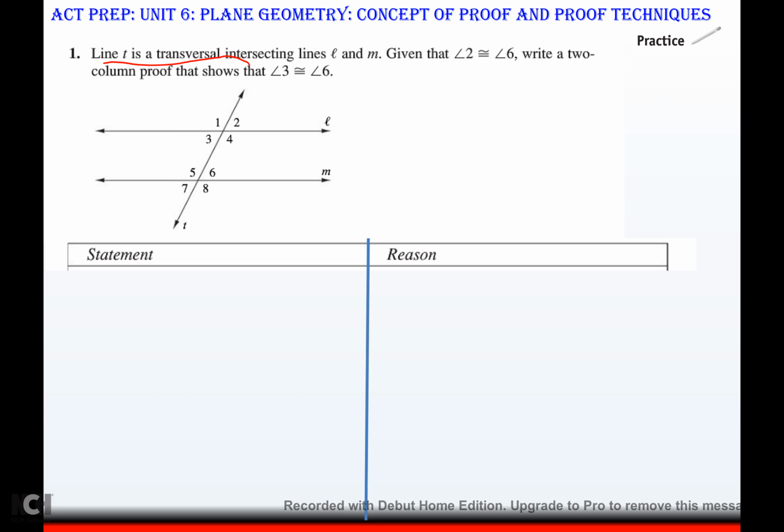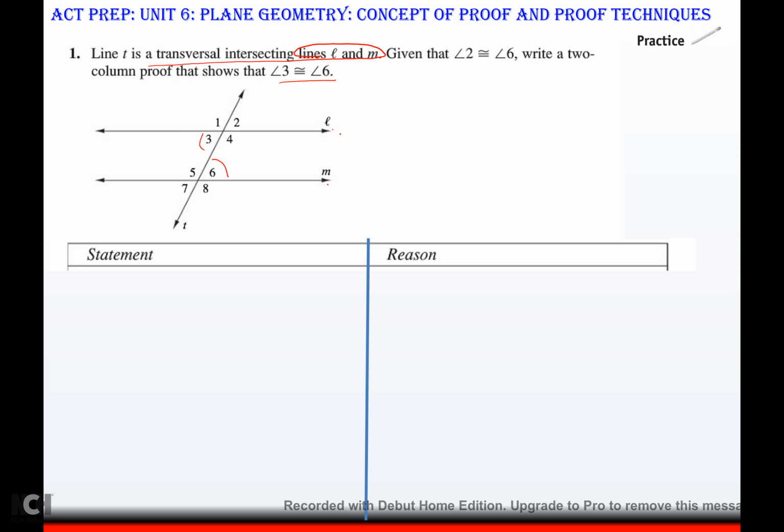Alright, so now we've got some practice problems. It says, line T is a transversal intersecting lines L and M. Notice they did not tell me that L and M are parallel, so I cannot assume that they are. They want us to write a 2-column proof that says angle 3 is congruent to angle 6. Normally, if I knew these two lines were parallel, I wouldn't have to prove anything.